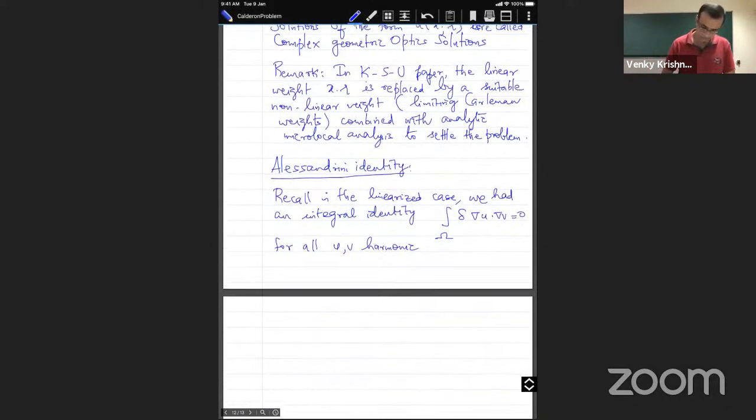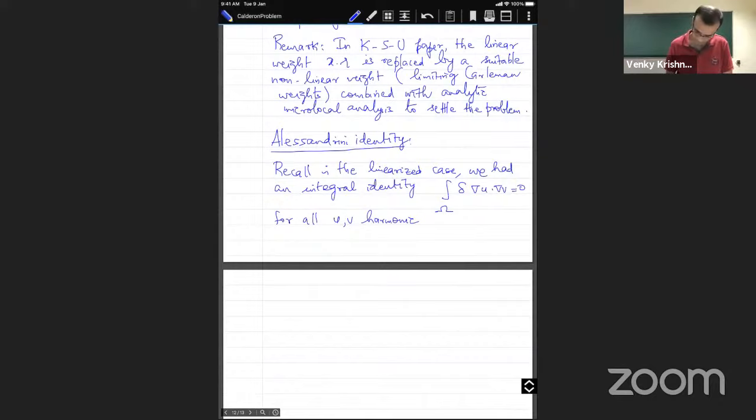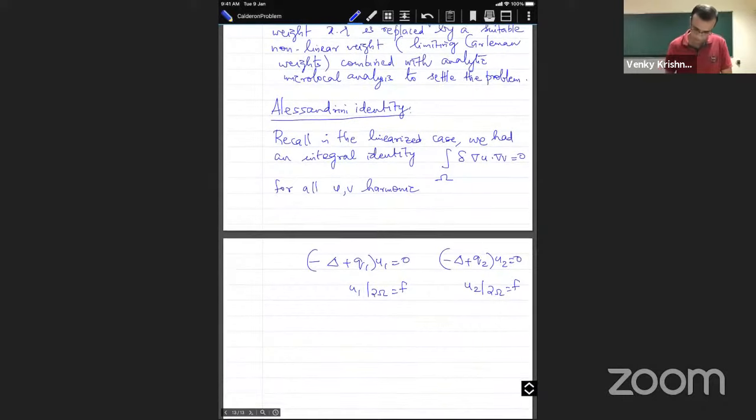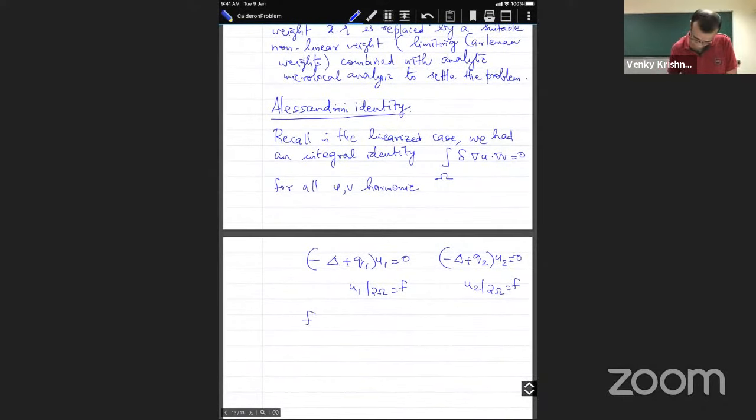So now the problem is the following. You have minus Laplace plus Q1, U1 equal to 0, with U1 restricted to the boundary of omega equal to F, and you also have minus Laplace plus Q2, U2 equal to 0, with U2 restricted to the boundary equal to F. Now you have F going to du1/dnu and F going to du2/dnu.